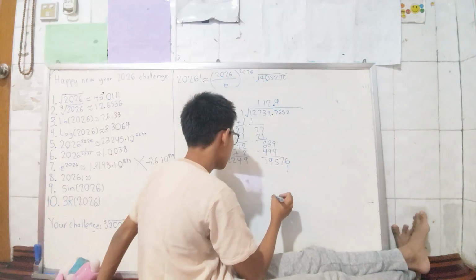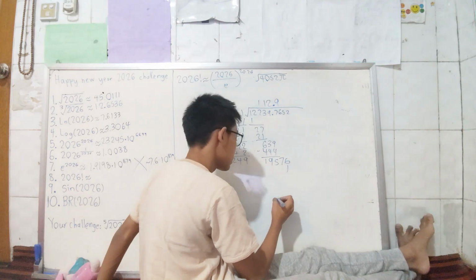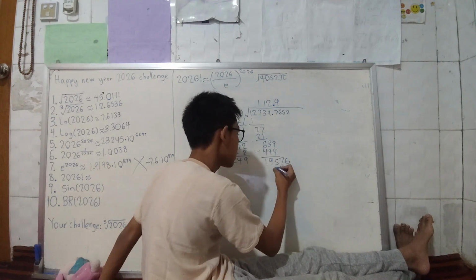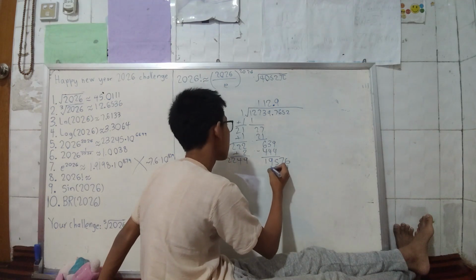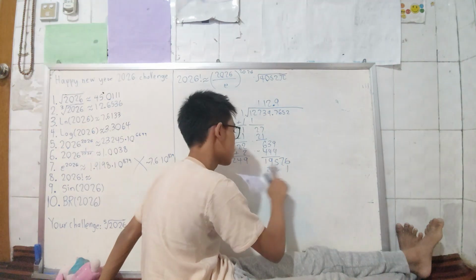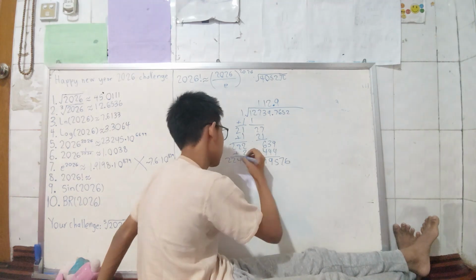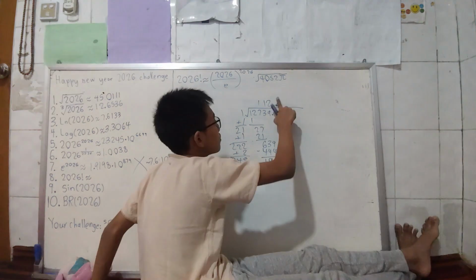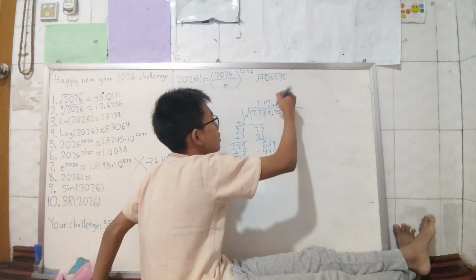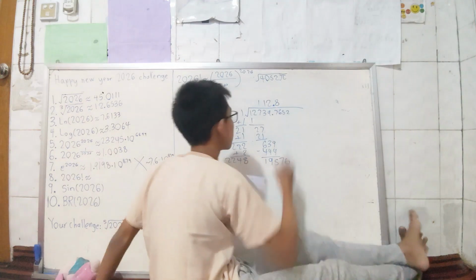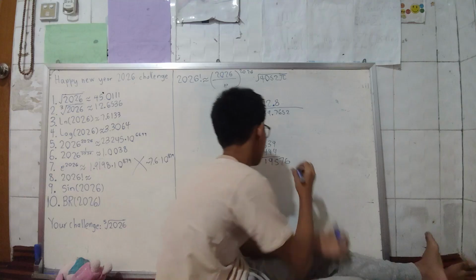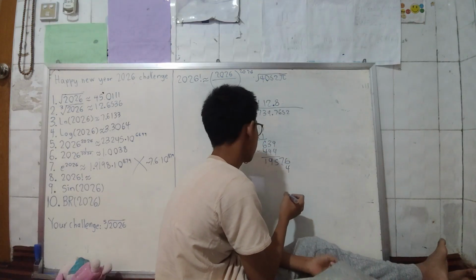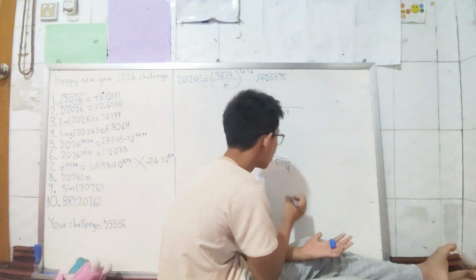81. 4 times 9 is 36. That's gonna be 44. 2 times 9 is 18. That's gonna be 22. And I think that's gonna be 20. Oh no, we're not going for this. So we're going for 8. Wait a minute. Gonna be 8 right there. 8, 8 is 64. 4 times 8 is 32.